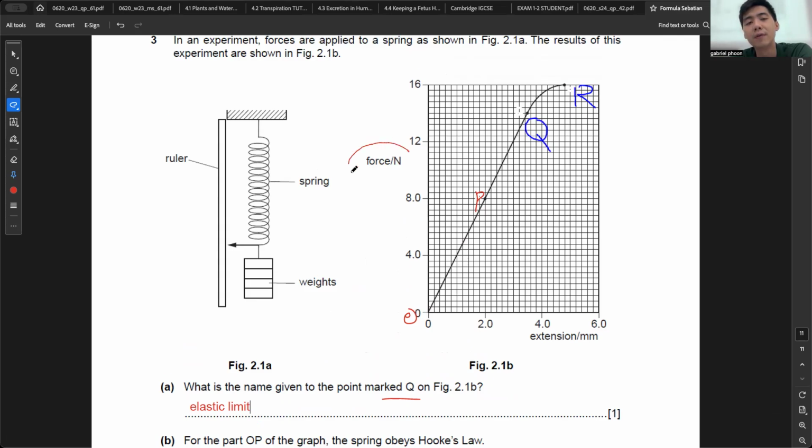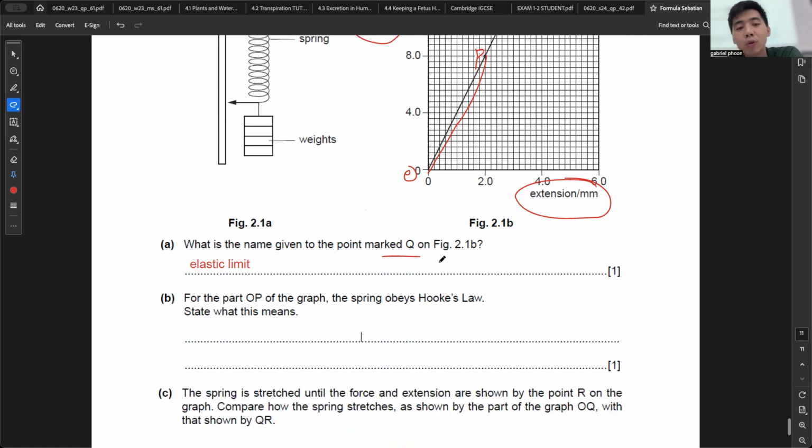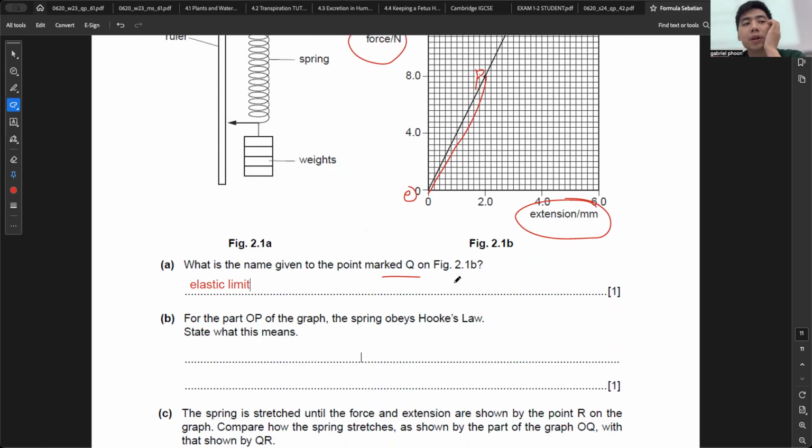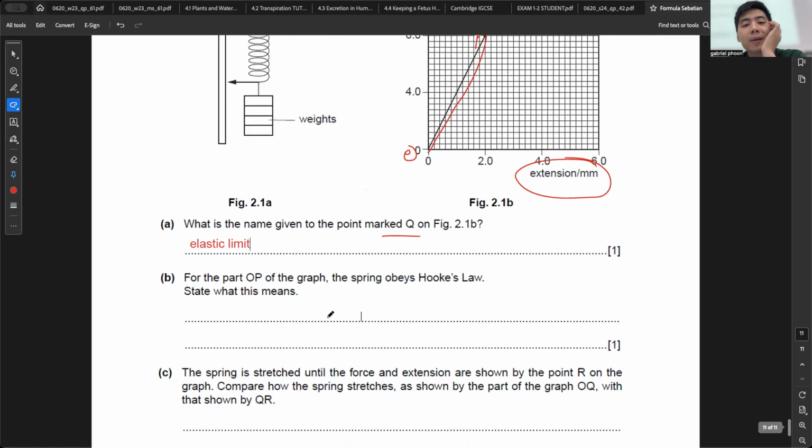Hooke's law states that the force is directly proportional to the extension, provided that the elastic limit is not exceeded. You don't need to write the proviso. So your answer here should be the force is directly proportional to the extension.